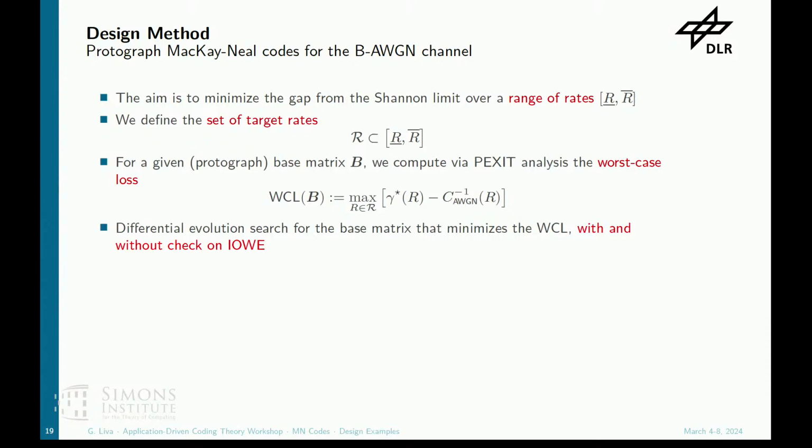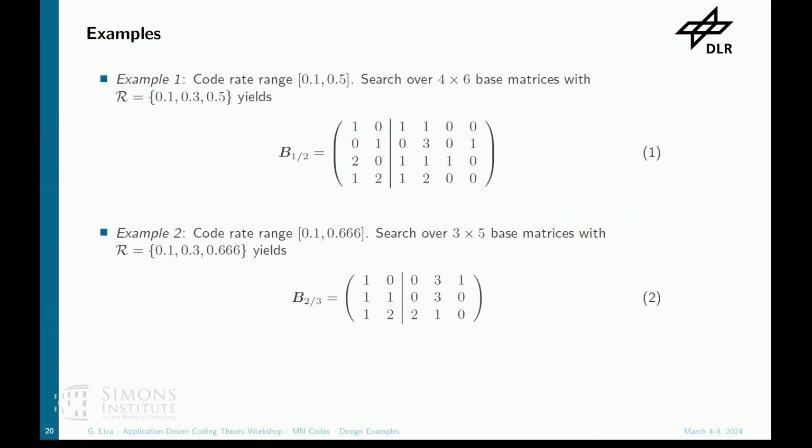And we look for protograph-based matrices which minimize this worst case loss. We can do that in an unconstrained manner, meaning that we don't check minimum distance properties, or we can add a verification of the input-output weight enumerator growth rate to filter out ensembles that are bad from a distance property perspective.